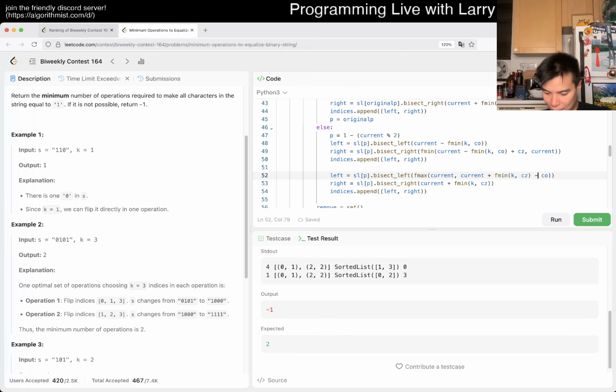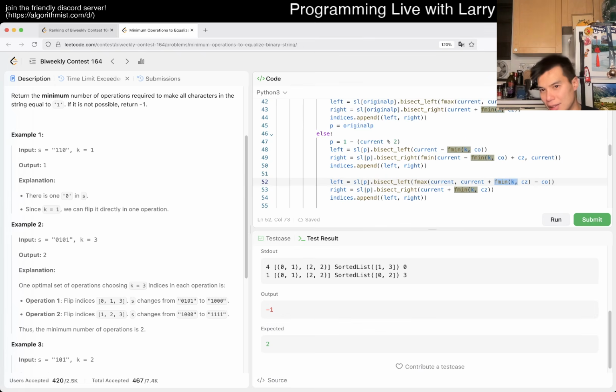Okay, so you have 1 0 3 z's, so you are able to go to 2 because the number of zeros. I don't think the f min makes sense here actually, but I just kind of copy and pasted it. Well, maybe it still makes sense, but I don't know. Maybe it doesn't.